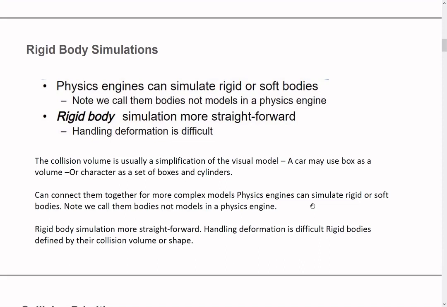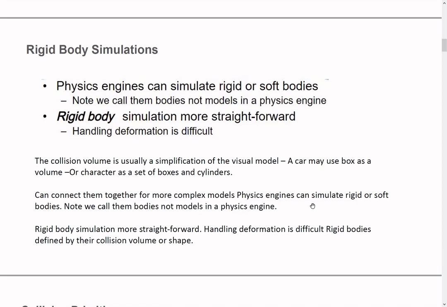The collision volume, which we will look at in the next slides, is usually a simplification of the visual model. For example, a car may use a box as a volume, or a character as a set of boxes and cylinders.